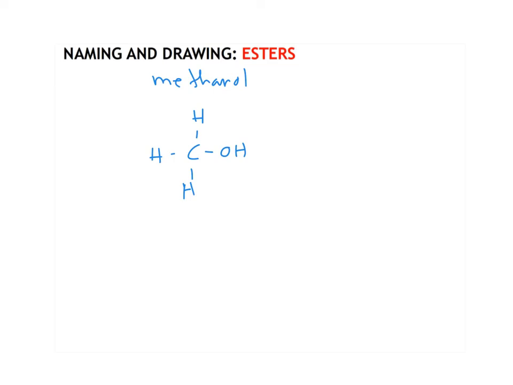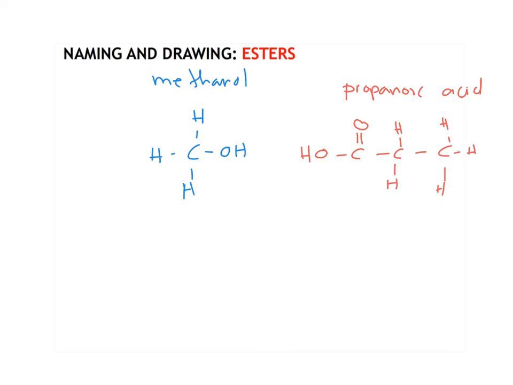And let's look at propanoic acid as my carboxylic acid. So I have a 1, 2, 3 carbon chain. There's my double bonded O and an OH. And then the rest of these H's to make these carbons happy. So I have methanol and propanoic acid.